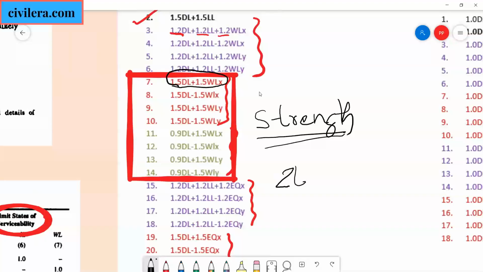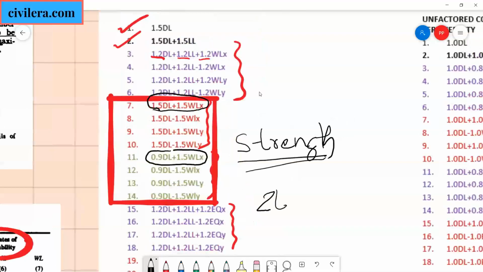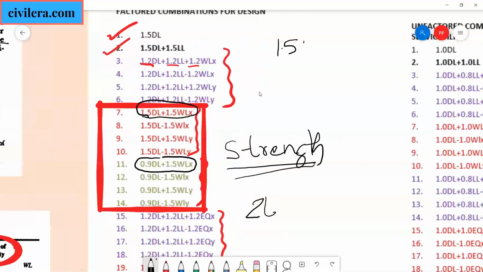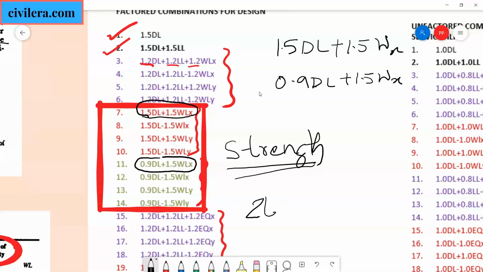At the same time, you also have 0.9 DL plus 1.5 wind load. So I'll write it here. One is 1.5 DL plus 1.5 wind load. Another one is 0.9 DL plus 1.5 wind load. Now, why do you need this combination?